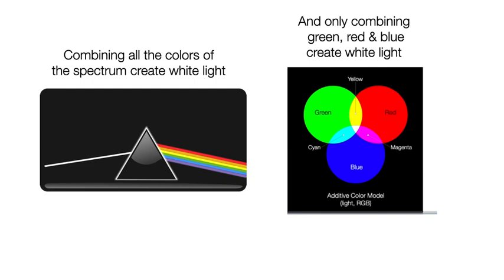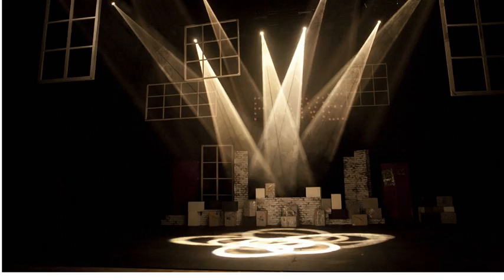And we said that mixing all the colors of the spectrum produce a white light, but actually you can get the same white light from only 3 colors: green, red, and blue. So these are called the primary colors of light, or additive colors. So here's a way that I like to remember that term, additive mixing, because this is different than mixing paint, which is called subtractive mixing.